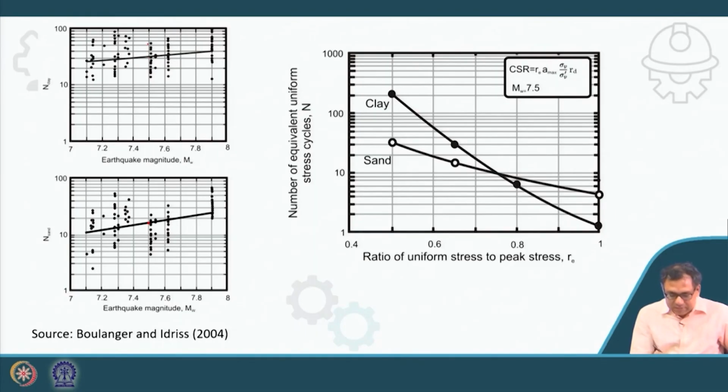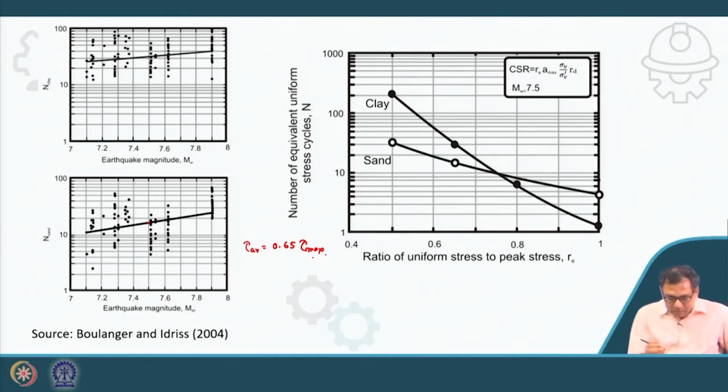If tau average is equal to 0.65 tau max, then the number of uniform stress cycles in clay is almost more than double compared to the number of uniform stress cycles of sand, for magnitude of earthquake 7.5.